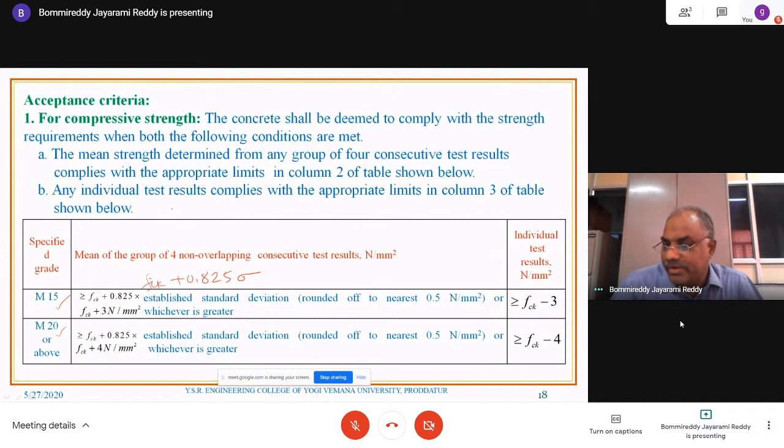Second, any individual test result complies with the appropriate results in column 3 of the table. So any individual result must have compressive strength more than FCK minus 4. Then only that particular grade of concrete is acceptable. Otherwise it is not acceptable.